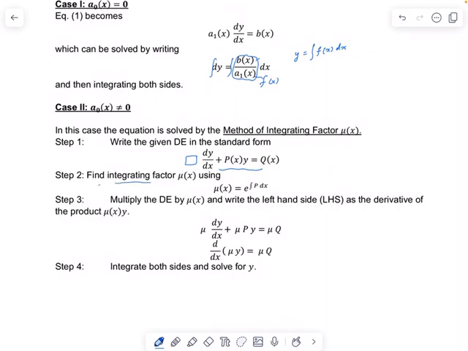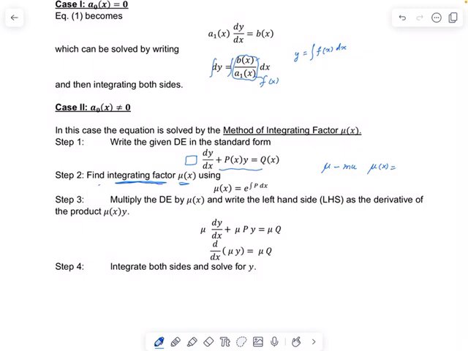Then we find something we call the integrating factor, and we denote it by the Greek letter mu, so we name our function mu of x. Mu of x is the integrating factor.